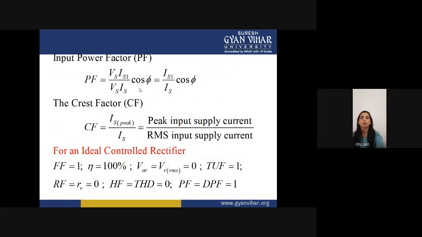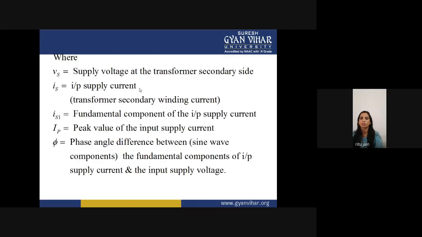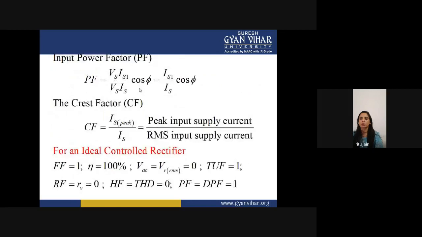The RMS AC component of the voltage must be 0, because you are rectifying your AC voltage and you need pure DC in your output. So the AC component in the output voltage or current waveform must be 0, and the transformer utilization factor, TUF, should be 1.